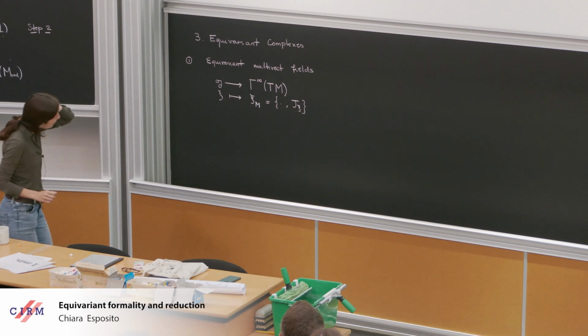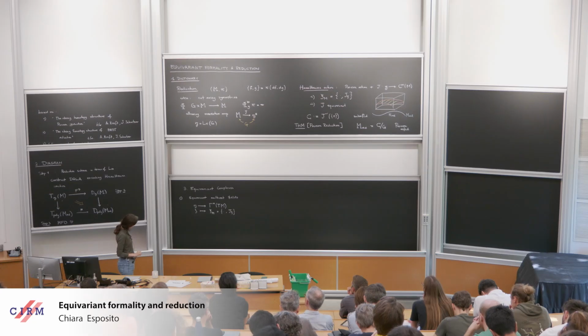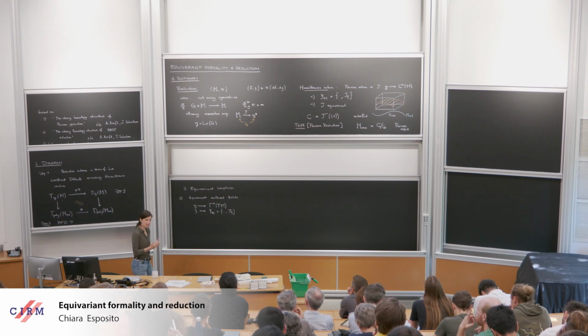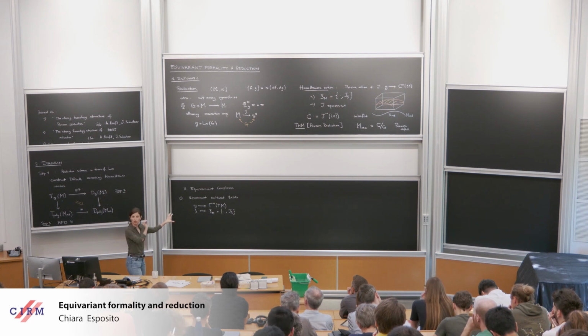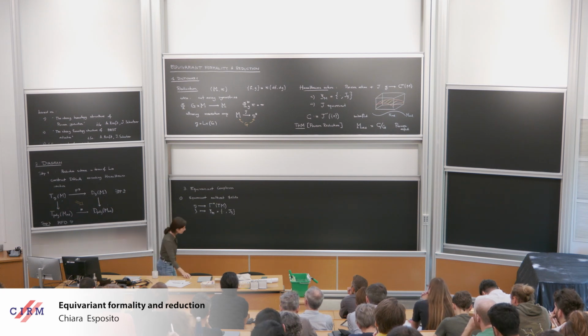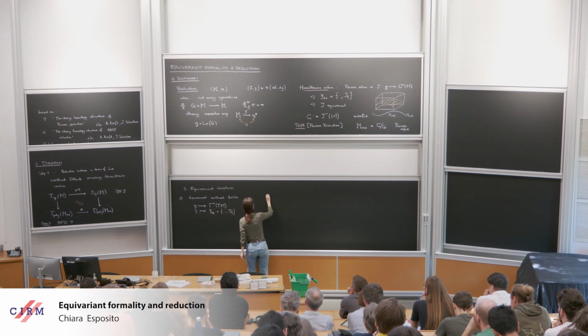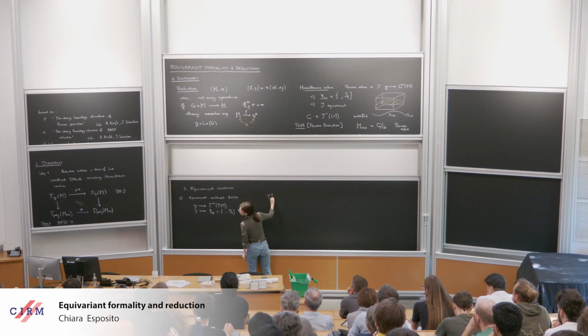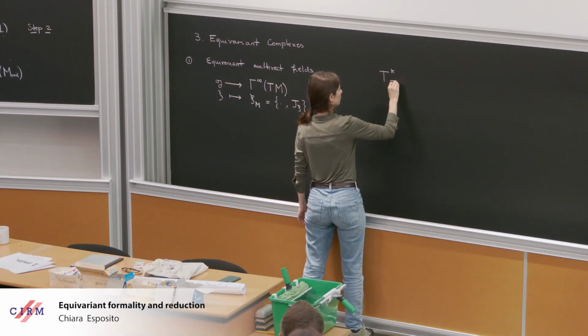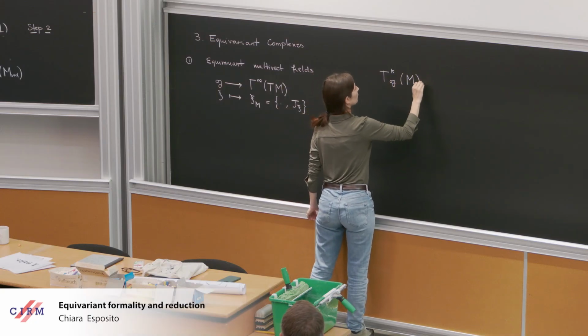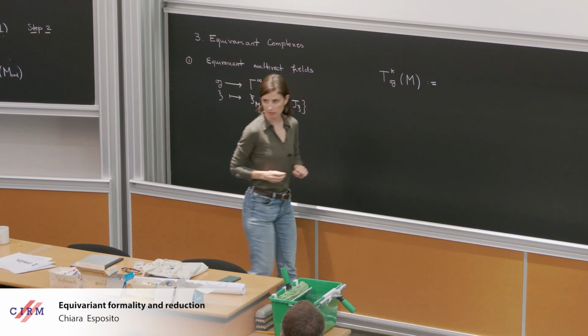So the idea is now to define a complex that extends the polyvector fields in a way that this becomes a canonical element. So let's define this complex.